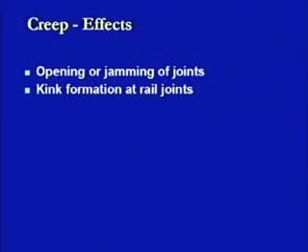Another thing is that there can be a kink formation at the rail joint. Now, if another rail to which the previous rail is trying to come and close the joint is not moving, then there will be a kink created at the joint of the two rail sections. And this kink is a point of discomfort.